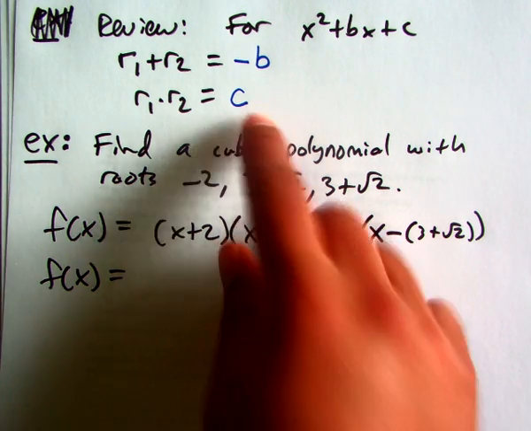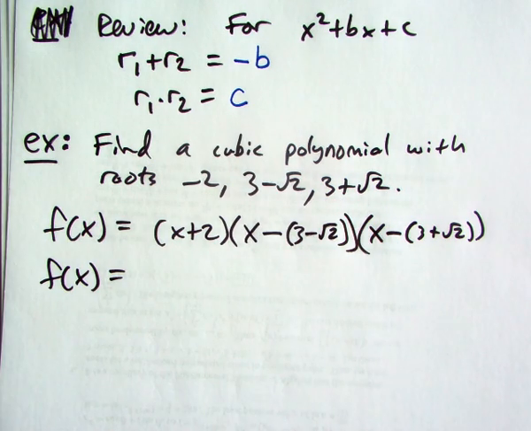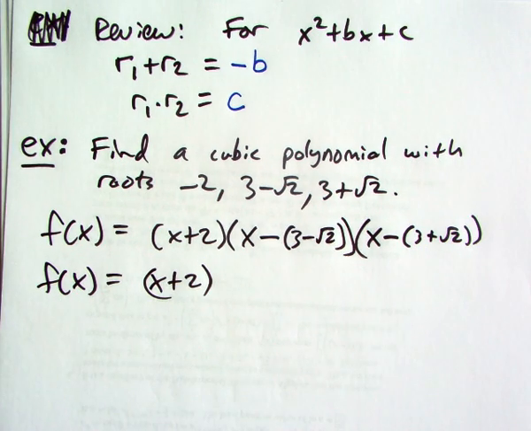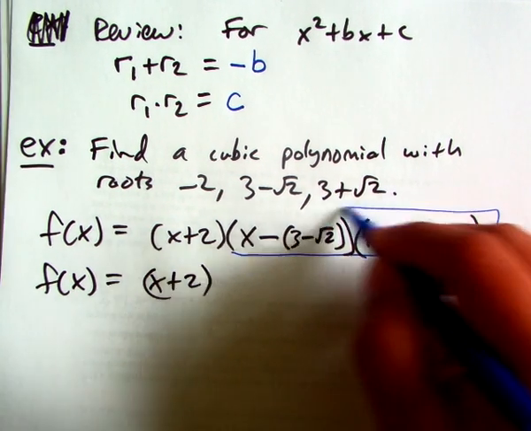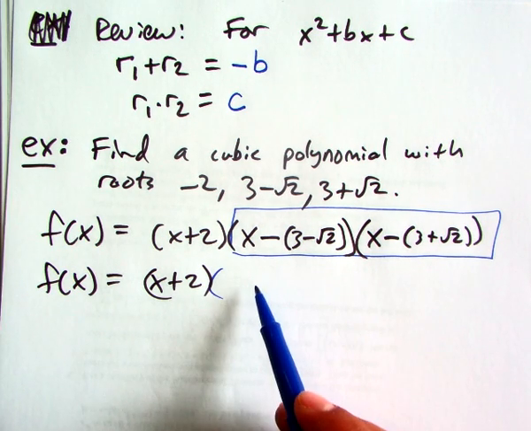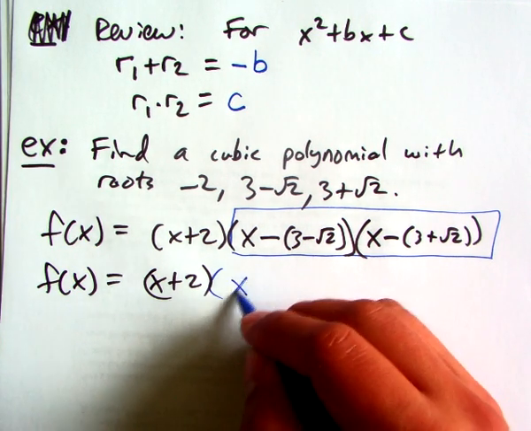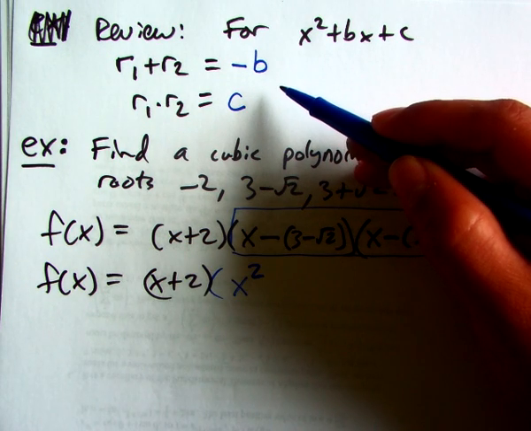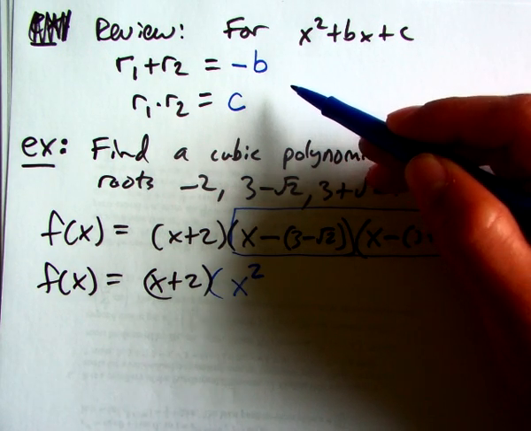I would start by multiplying these two out, which you can either do by hand and FOIL it out, or if you remember that the quadratic comes from these relationships, and you know what the roots are, can you add these in your head?